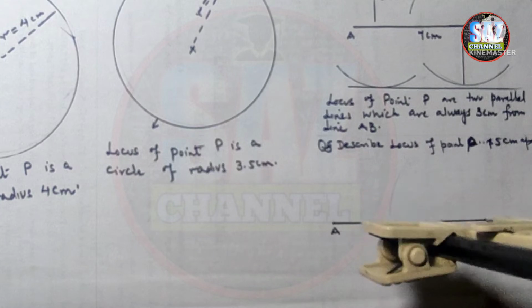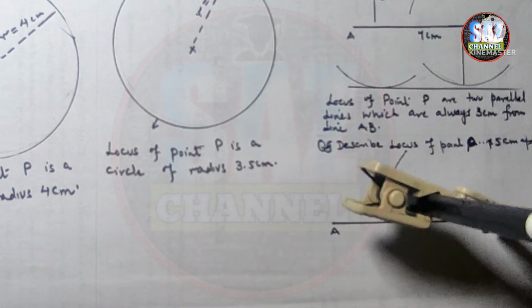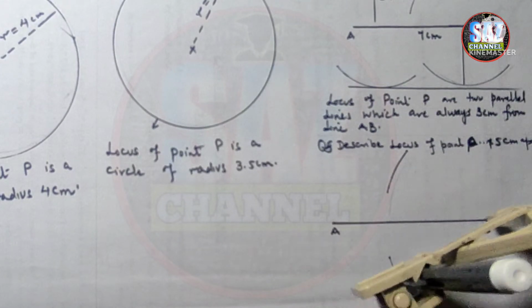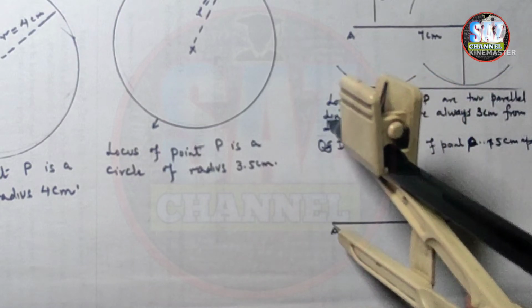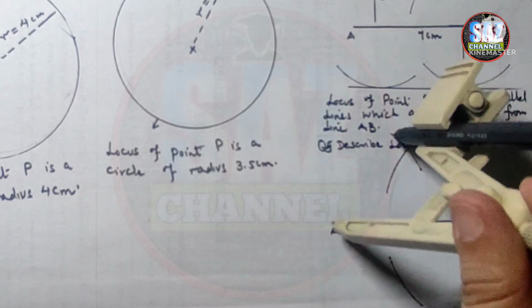So, let me draw one arc over here, one above and one below, and then with the same open compass repeat the process with the other vertex. Look, my arcs are not cutting. What to do?